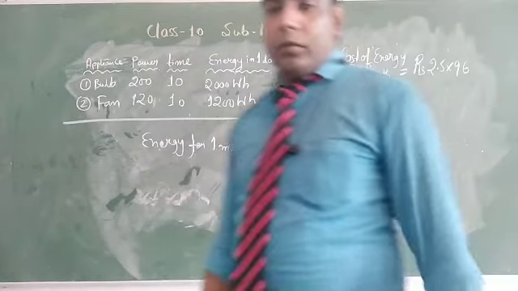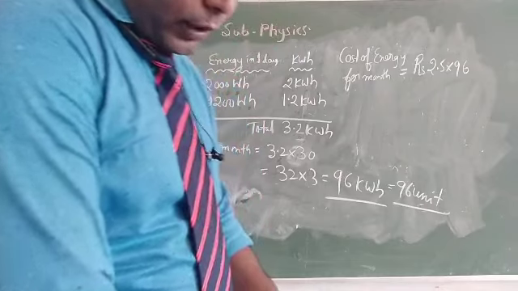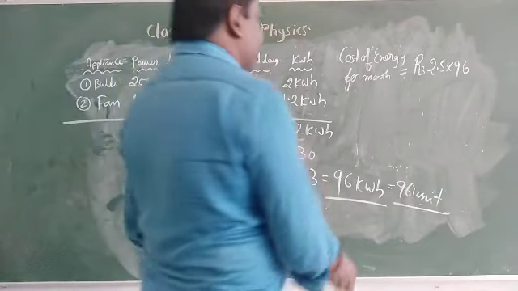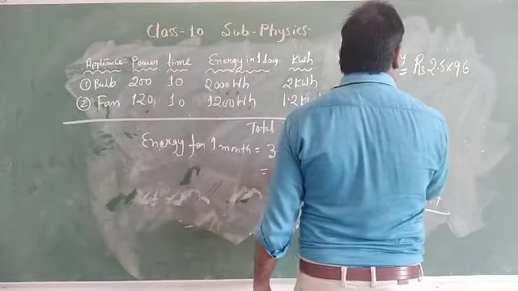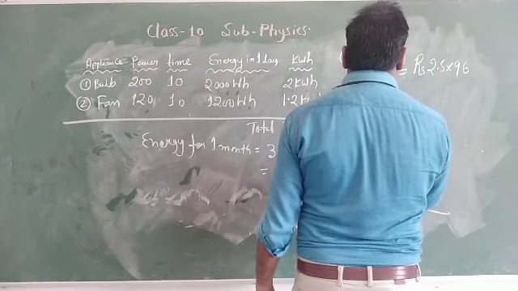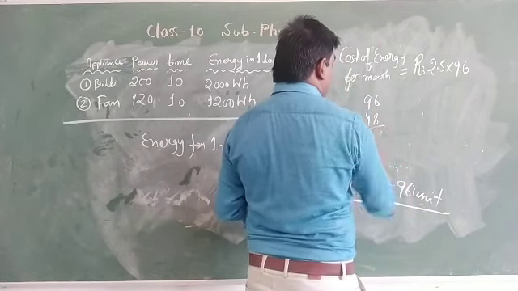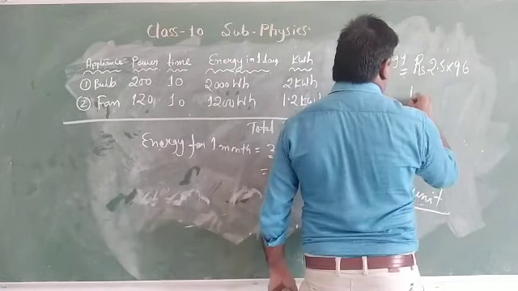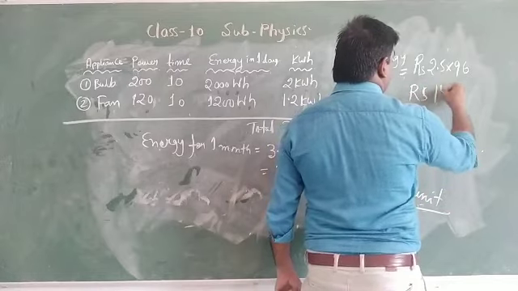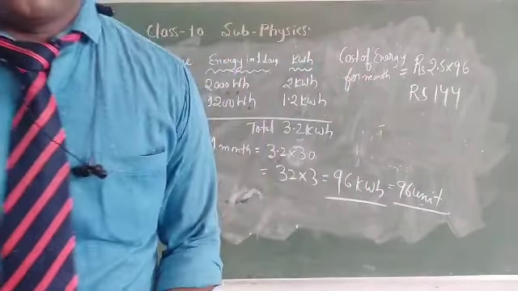Just multiply and we can calculate the value. So the cost of energy per month will be 144 rupees.